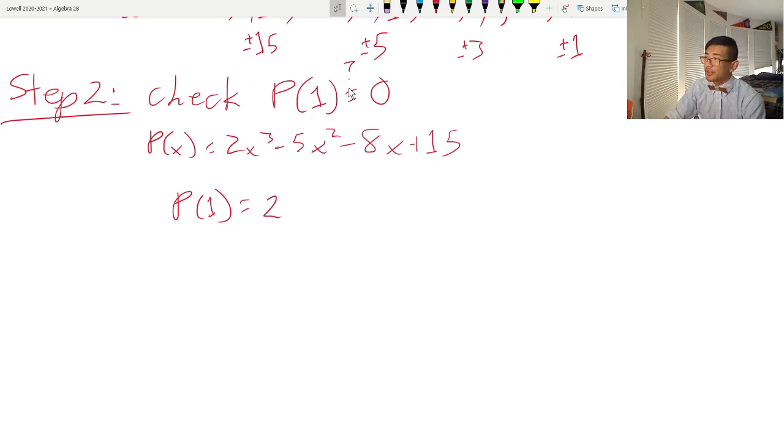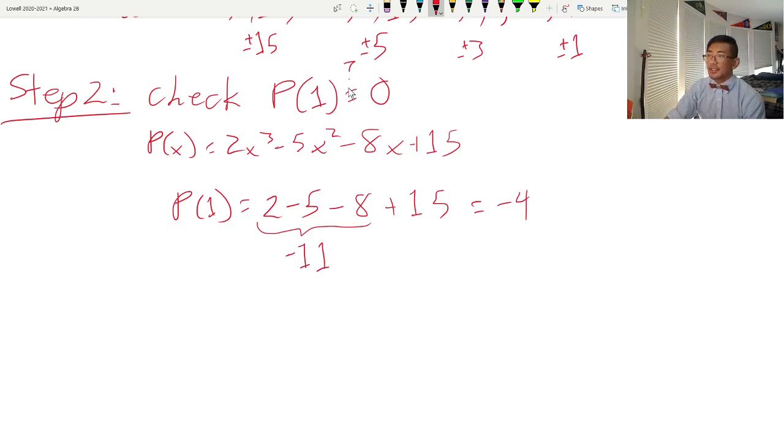So I'll get really just 2 minus 5 minus 8 plus 15. Let's see, 2 minus 5 minus 8 is negative 11, plus 15, so that's going to be negative 4.